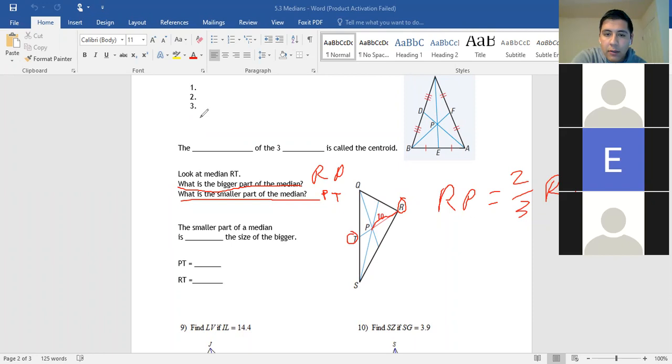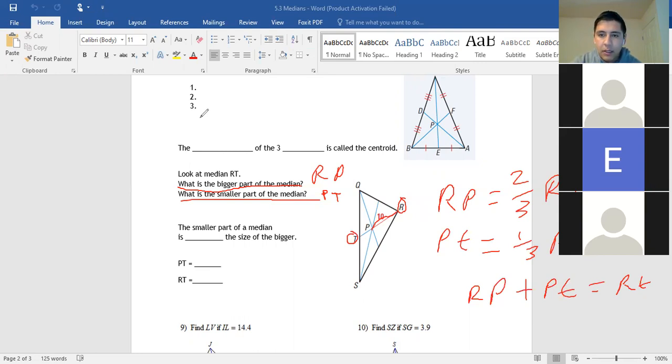And the smaller part from P to T is equal to the other third of the entire thing, okay? So both of these together are going to be equal to RT. If we add RP plus PT together, we get RT. RP is the bigger part, 2/3, and PT is the smaller part, 1/3 of the entire thing. And together they equal, of course, the whole RT.